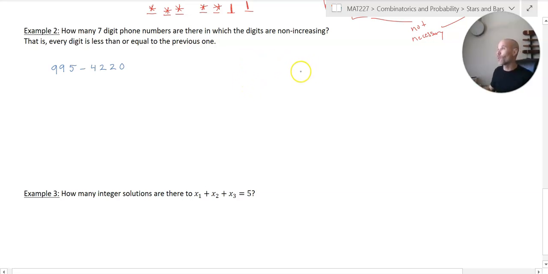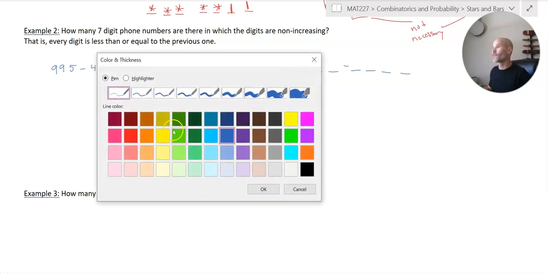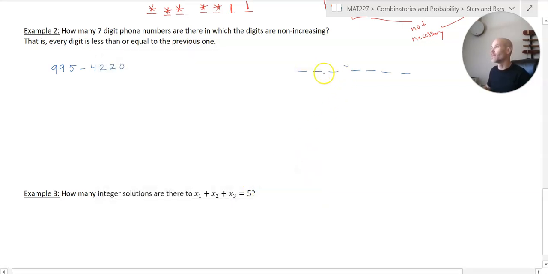The first way we might approach this is we might think, well, we have 7 slots, because we're counting the number of phone numbers, and we know the number of possibilities for the digits. So let's say that the first digit ends up being a 9, like in our sequence. So there are really 10 possibilities for the first digit.